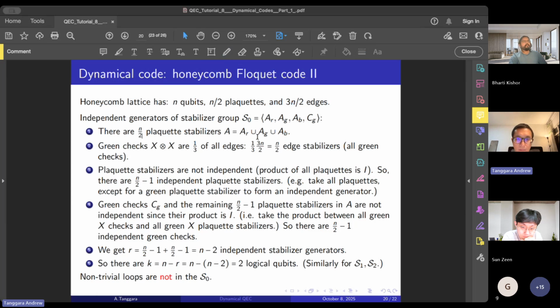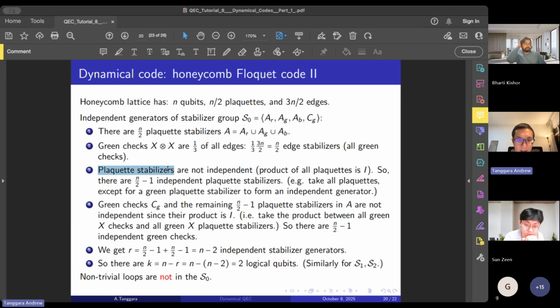I have these red, green, and blue plaquette stabilizers, and I have n over 2 of them. Say I look at this stabilizer as 0. I have the green checks, and the green checks are only on 1/3 of all the edges, because I have 3 colors. So the number of edges with green color is just n over 2.